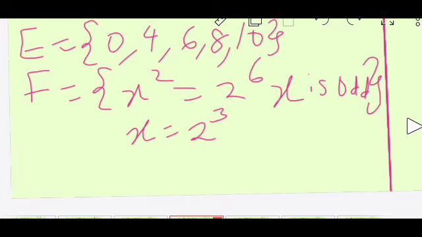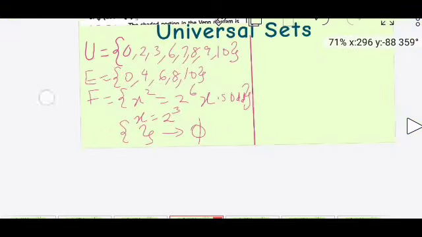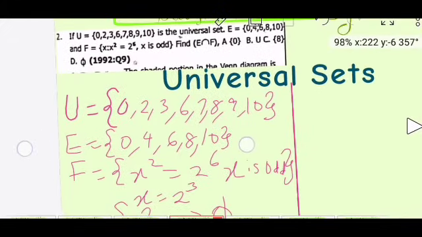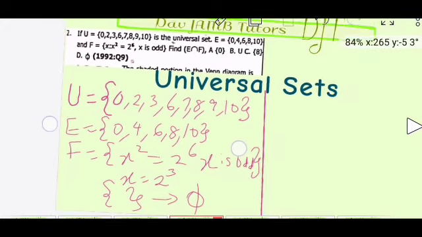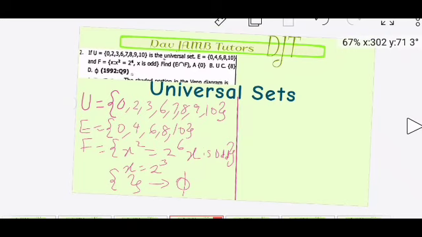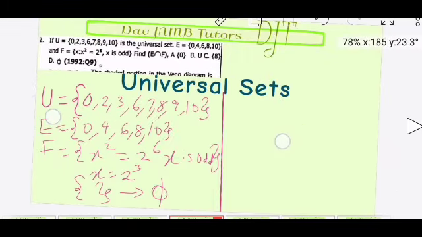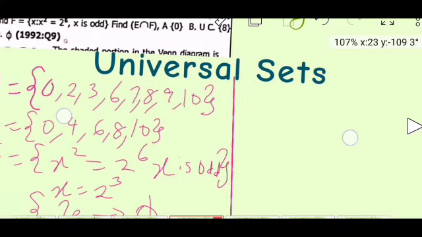Now, having that done, they said find E intersect F. I had not explained intersection of sets before, but intersection of sets is a process whereby, let me come to a side here to explain that well. Whenever you have a set, let's take for instance the first set is A, and A equals 1, 2, 3.